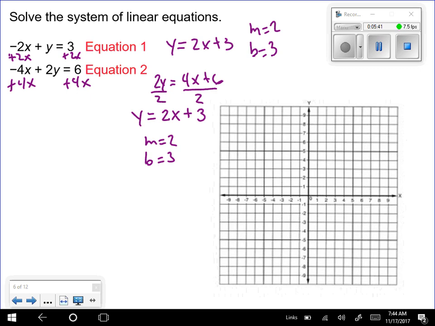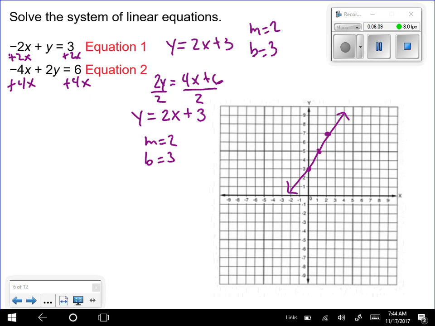So I'm going to graph this. If I start with the first one, I'm at 3, up 2 over 1, up 2 over 1. Okay, there we go. Can't draw as great of a straight line there. But if you notice, my y-intercept's at 3 again, and my slope is the same. So what we have here is the same exact line. I don't really need to draw 2 lines of that.